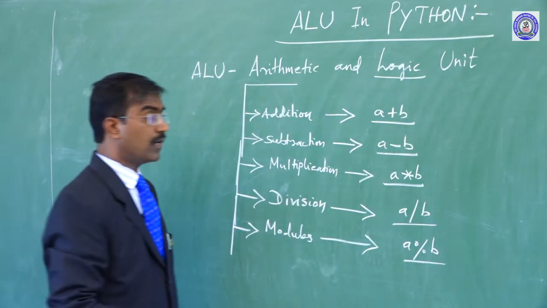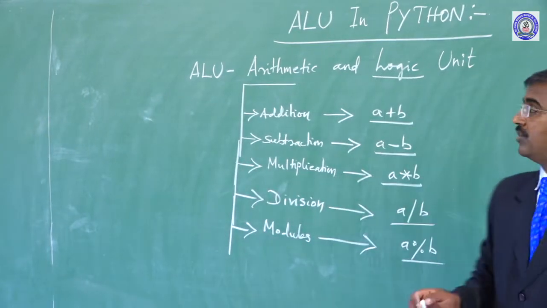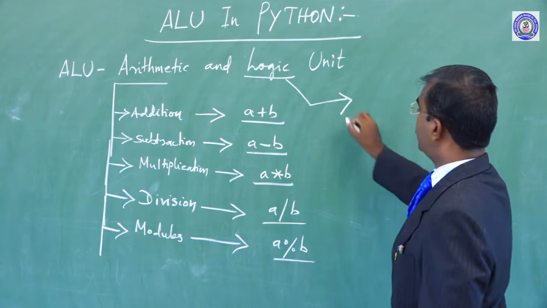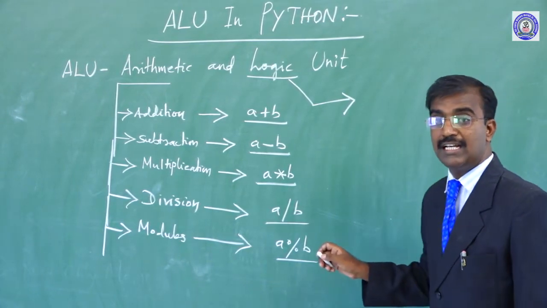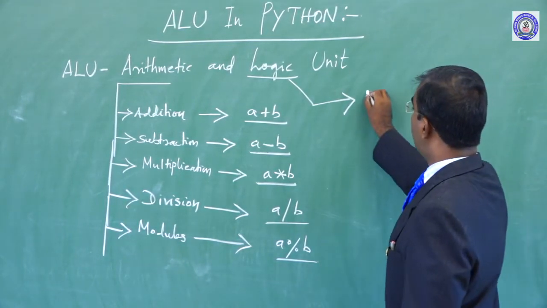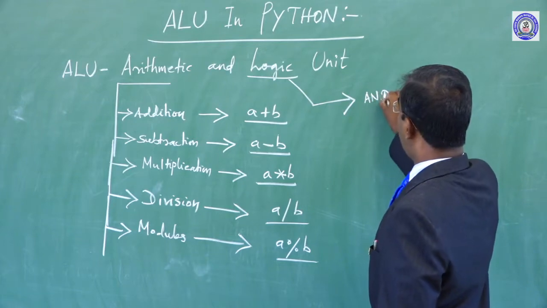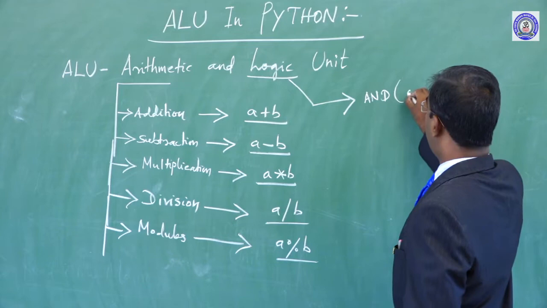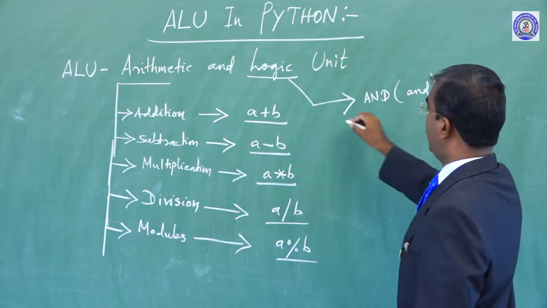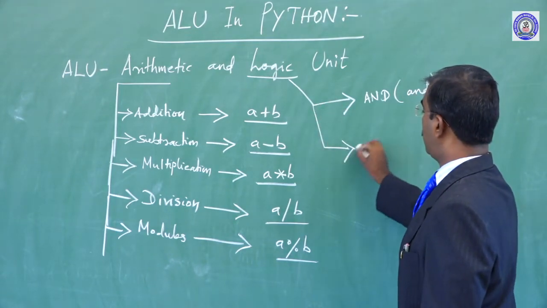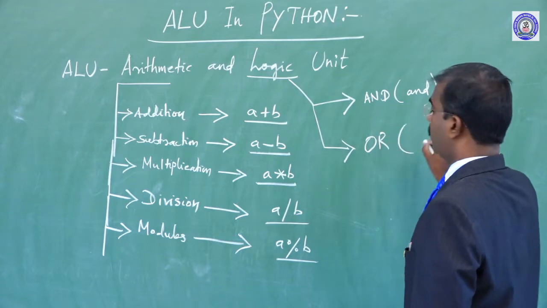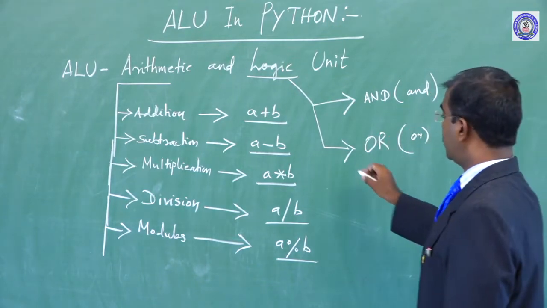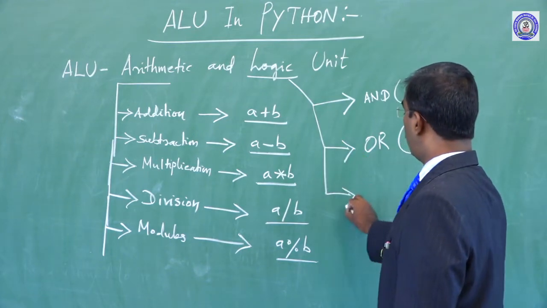But now can I talk about the logic unit? The logic unit is nothing but logical operators. Those logicals are AND, which we will pronounce as a keyword, then the second one is OR, and then we call NOT.